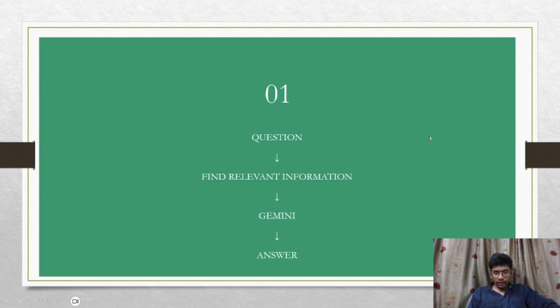First of all, when a user asks a question, it collects the information from the particular database, I mean, from that particular image or PDF, and finds only the relevant information. Suppose a PDF consists of 10 pages and our information is present on only one page.